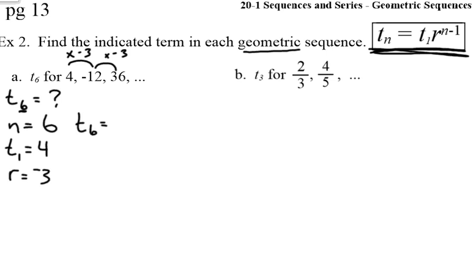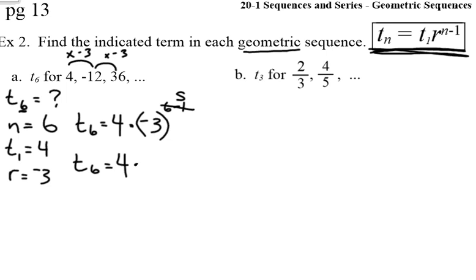The 6th term is based on term 1 times our R value. Make sure you put it in brackets so negative 3 is the base. And then it's n, which is 6, minus 1 for an exponent. Order of ops tells us, well, 6 minus 1 is 5, so I can turn that to a 5.